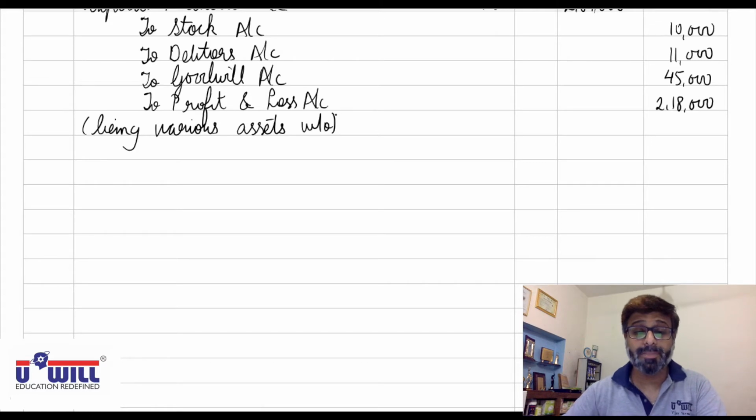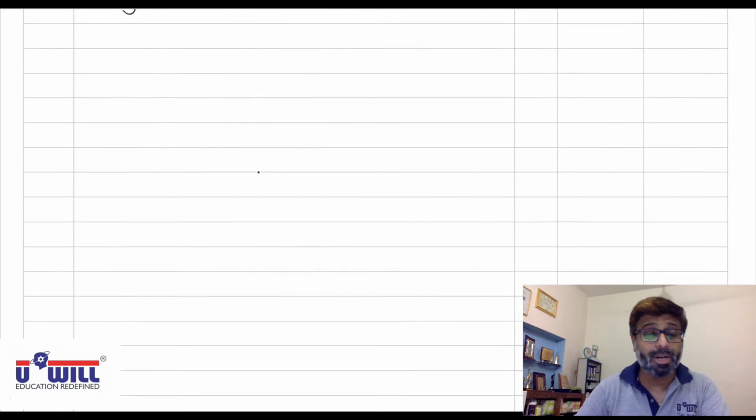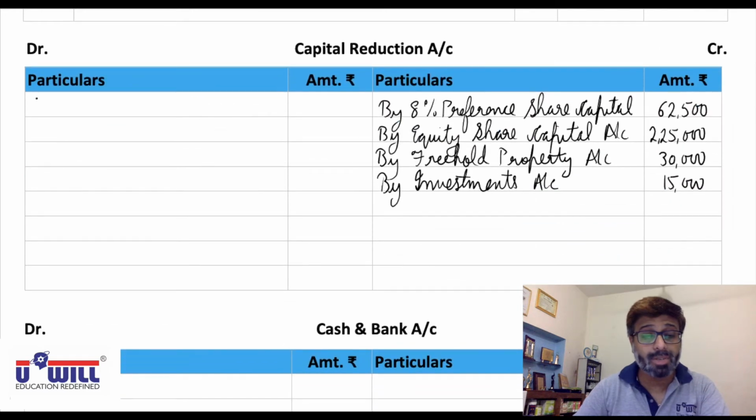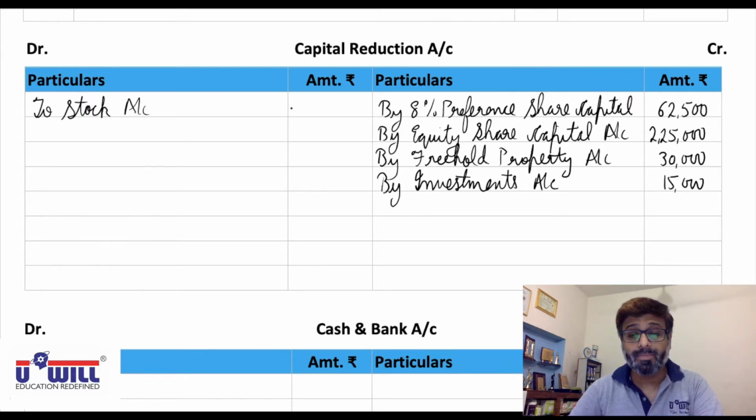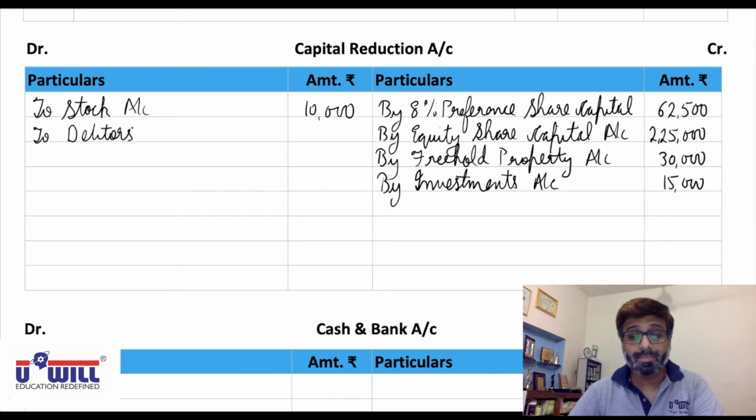Now it's posting, capital reduction account debit. So in capital reduction account, we'll write on debit side all the opposite accounts. To stock account 10,000. To debtors account 11,000. To goodwill account 45,000.